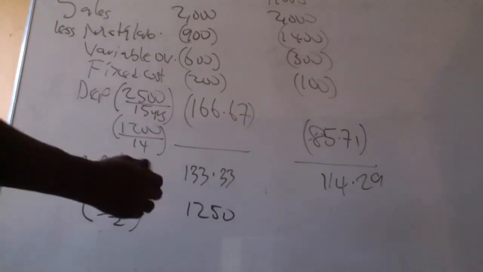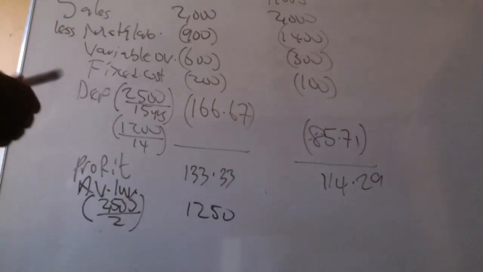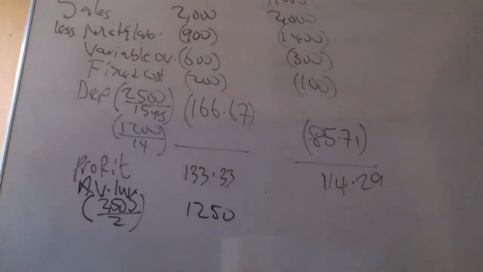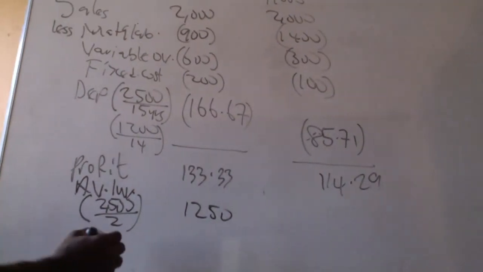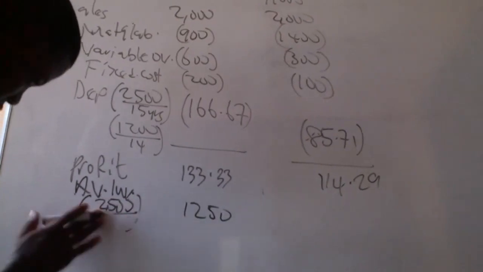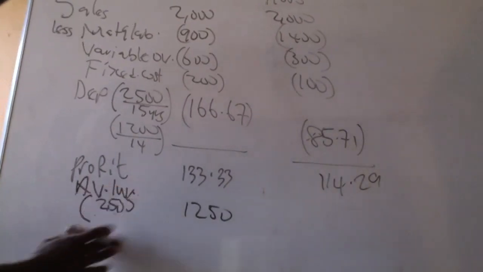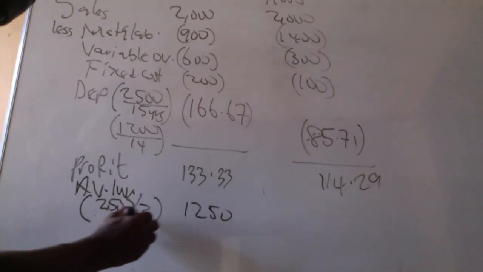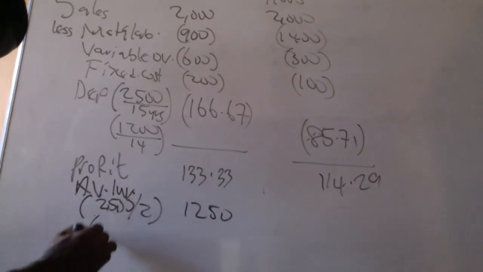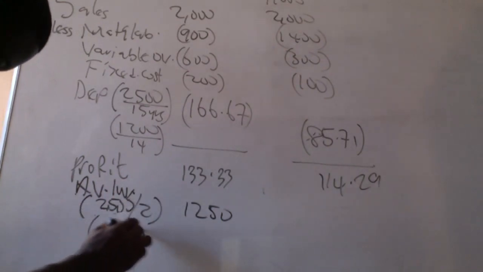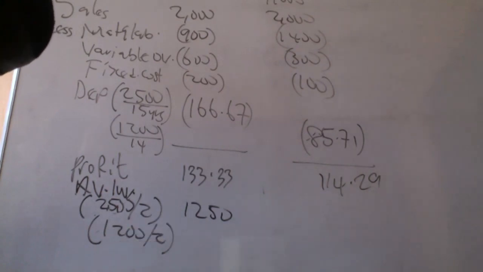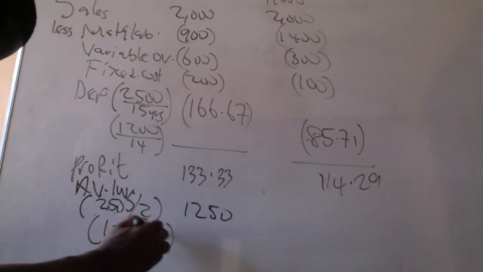1,250. Good. Then let's do that of semi. Semi will be into bracket 1,200 divided by 2, right? Yes, divided by 2.